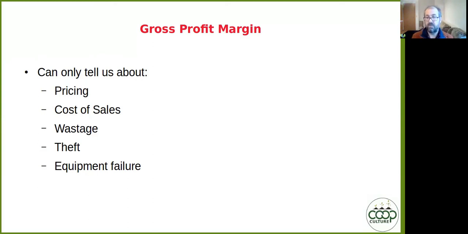So the examples that we just talked about, but also, again, we've had some theft. Our fridges have shut down, so we've had to throw away all our chilled products. The stock rotation didn't work in a shop, so we've had to throw food away. All those elements, and that is what the gross profit margin can show us.